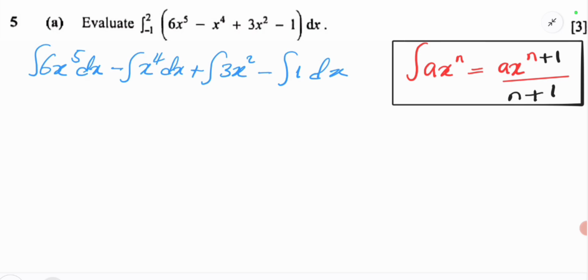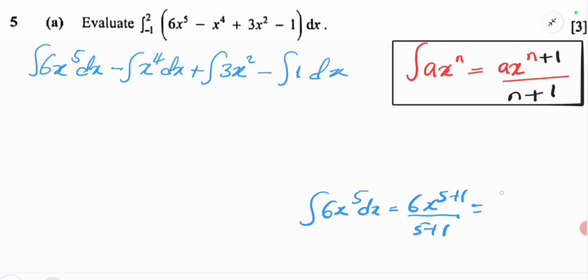Is that all right? So let's start with the first part, the integral of 6x to the power 5 dx. This is equal to 6x to the power 5 as it is, then I'll add 1 to the power, then divide this whole thing by the new power, which is 5 plus 1.